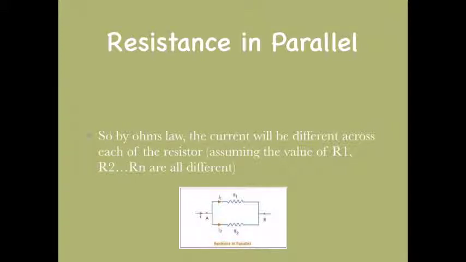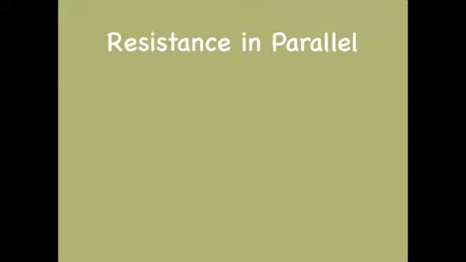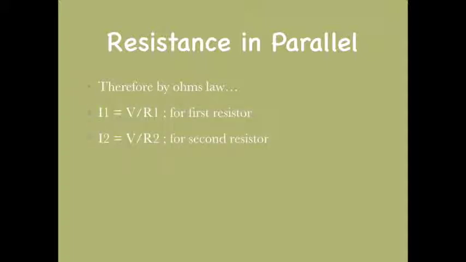Hence, if we proceed mathematically by Ohm's law, the current in the first resistor will be this, and in the second one it will be this. Similarly, in the sixth one it will be this, and so on. This is just a simple Ohm's law equation.